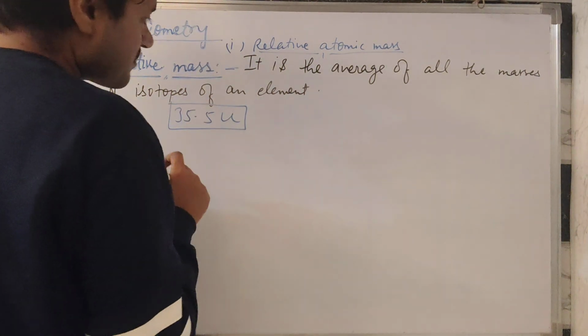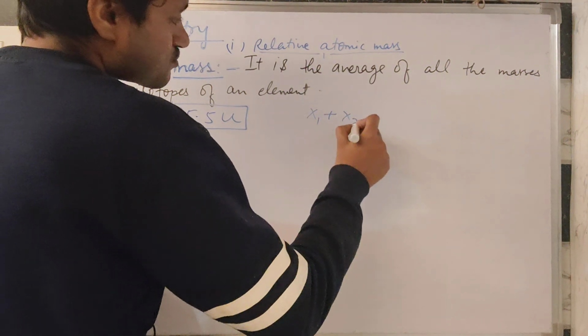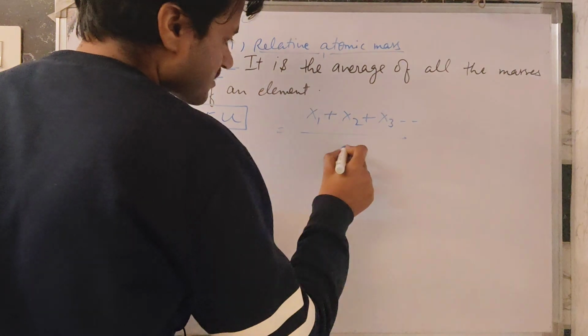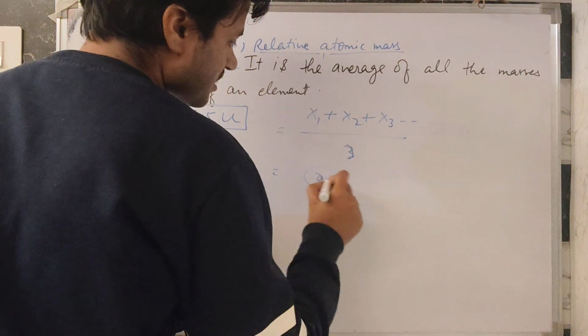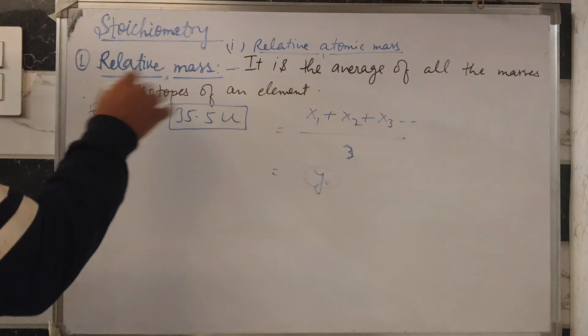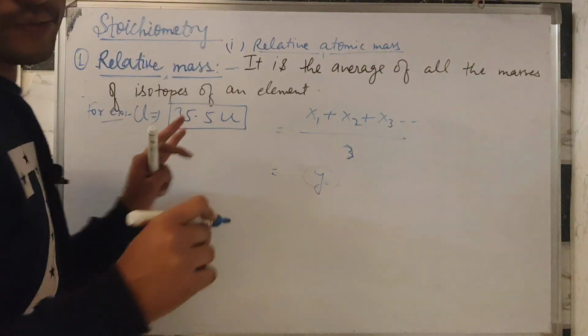So the relative mass is the sum of isotope masses: x1 is the mass of one isotope, x2 is the second, x3 is the third, divided by 3. Whatever value comes, that will be the relative mass.